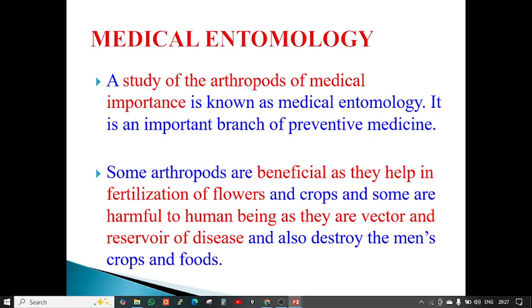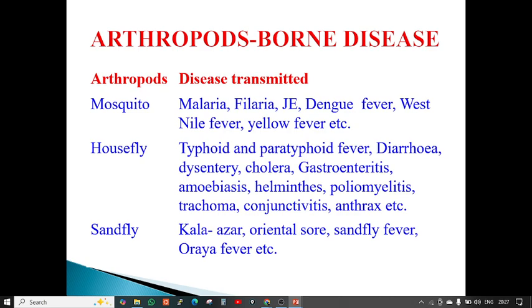Because whenever you are using these kinds of facilities, they are very helpful to destroy the biological effect on humans. But arthropods are also disease transmitters. So what are these? Mosquito, housefly, sandfly. These are the different arthropods.